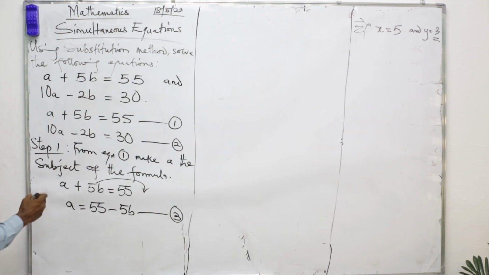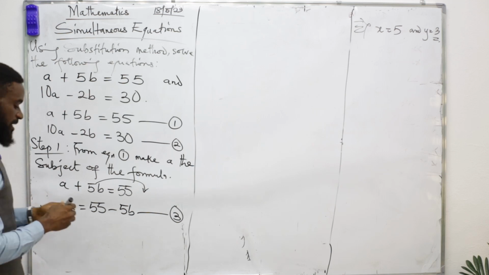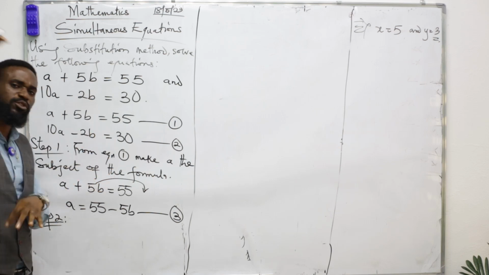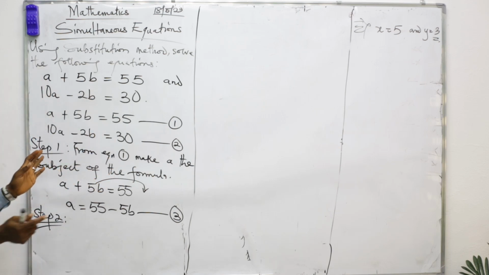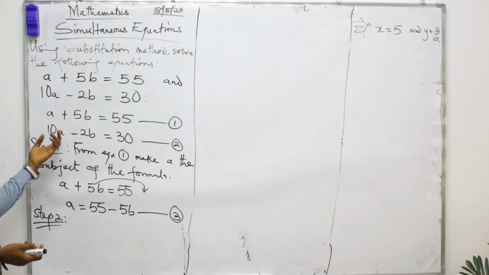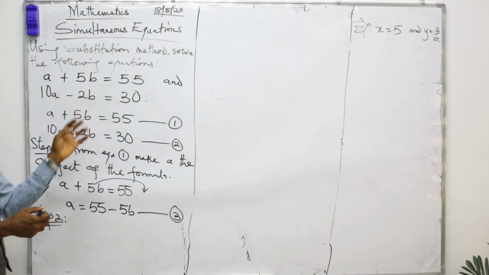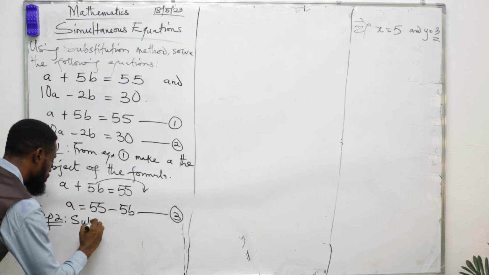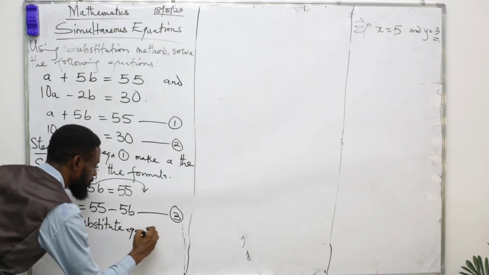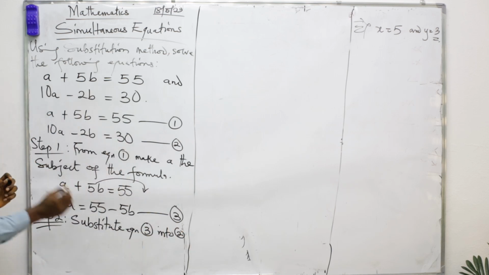Now, the next step is step 2. The subject that you have made from one of the variables, substitute that subject into an equation. Since we have used equation 1, let's not use it again. Let's use equation 2. So let's substitute equation 3 into equation 2.